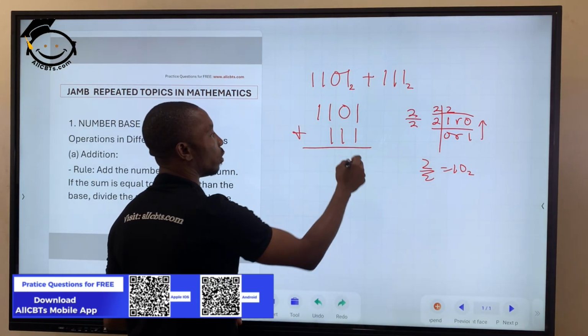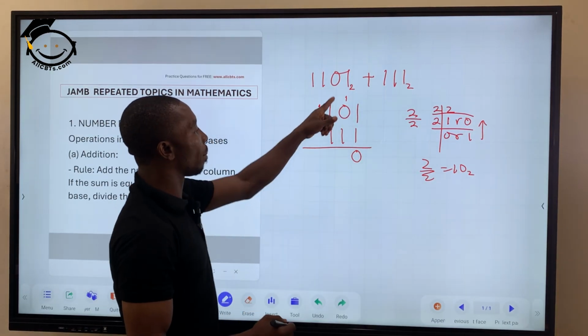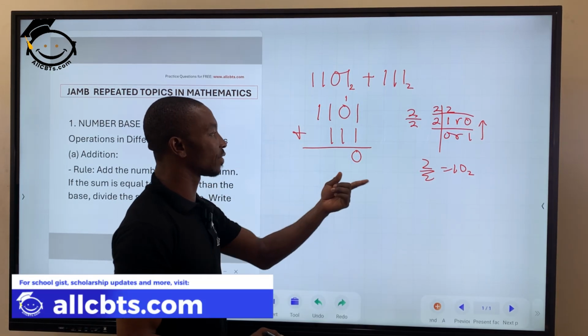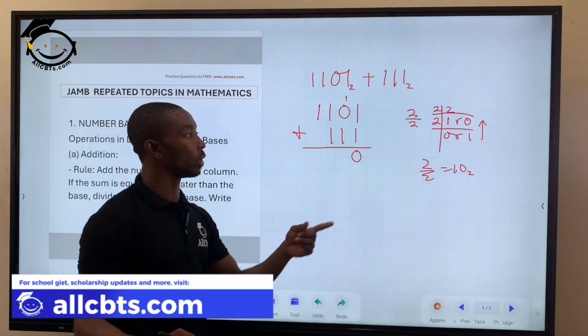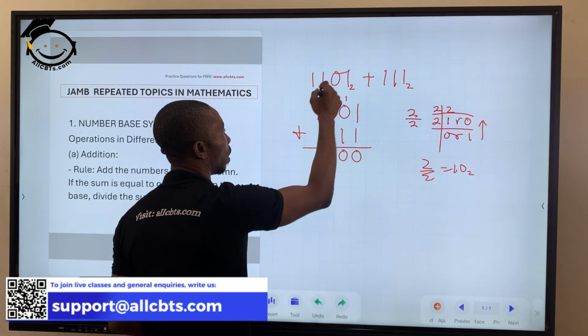So here we write 0 and carry 1. Now 1 plus 1 still gives us 2, so we do the same thing. We write down 0 and carry 1.